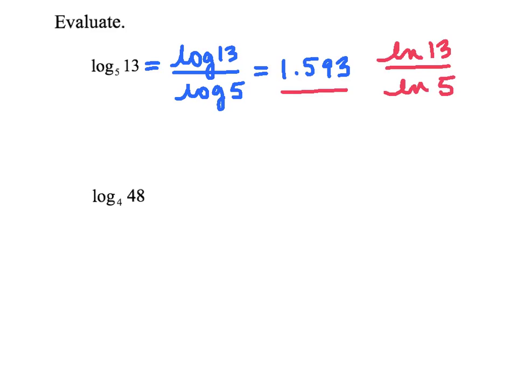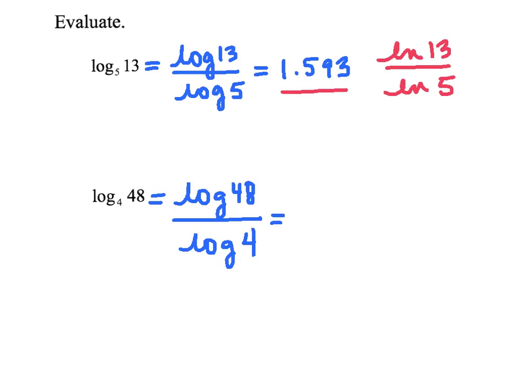Let's evaluate log base 4 of 48. Let's turn log base 4 of 48 into the common log of 48 divided by the common log of 4. Go ahead, hit pause on the video and put that into your calculator. The common log of 48 divided by the common log of 4 is equal to 2.792.